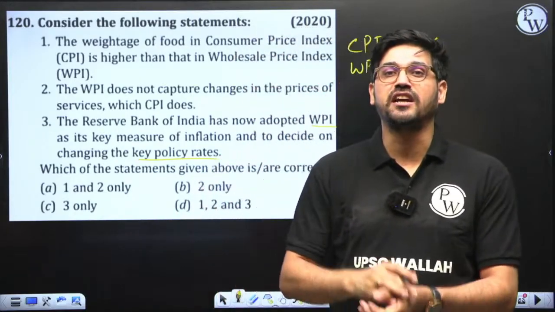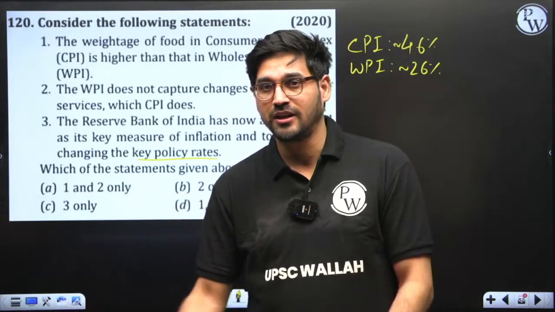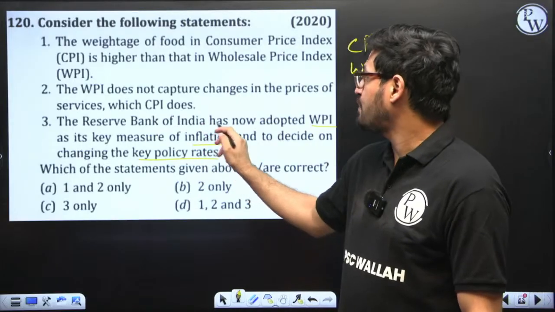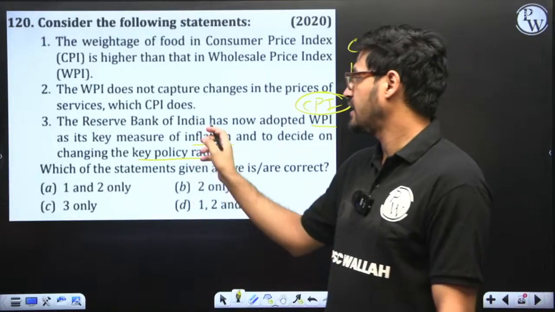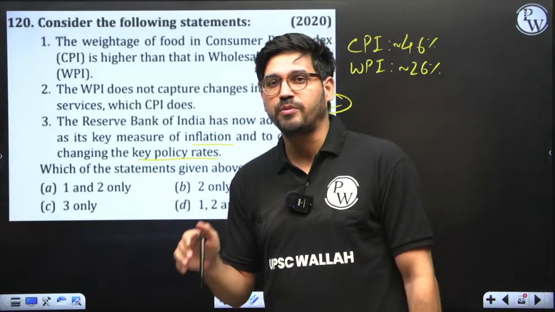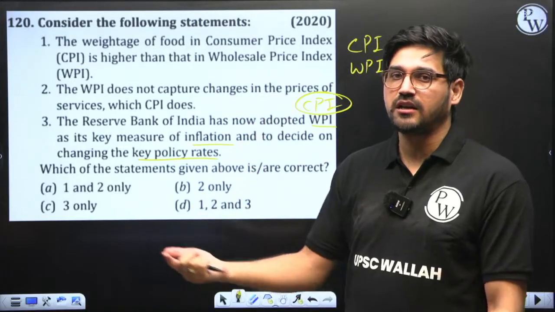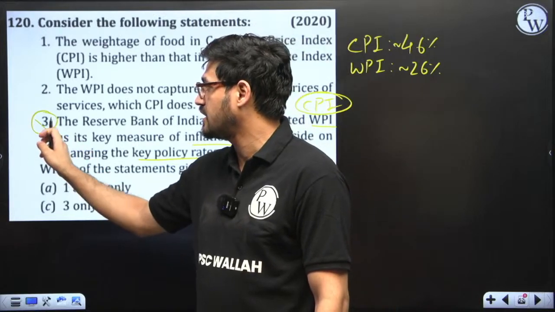Why not pick an index which reflects the reality for an average consumer? The inflation targeting which is done has kept CPI, not WPI, as a measure of inflation. Even commonsensically, it should strike you that RBI would not keep WPI as the key measure of inflation. So 3 is obviously wrong.